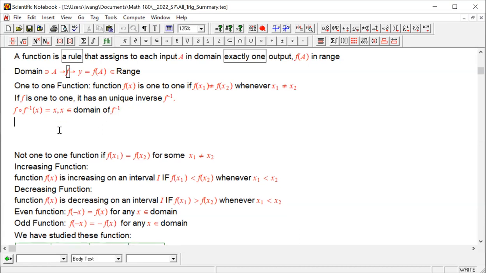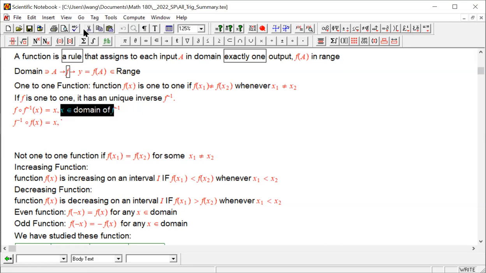And the composition in another order: f inverse composite f of x is also going to equal x, provided that this x is from the domain of f.